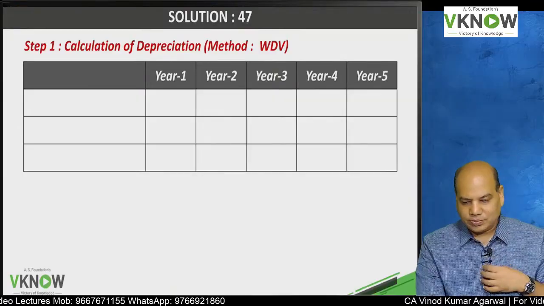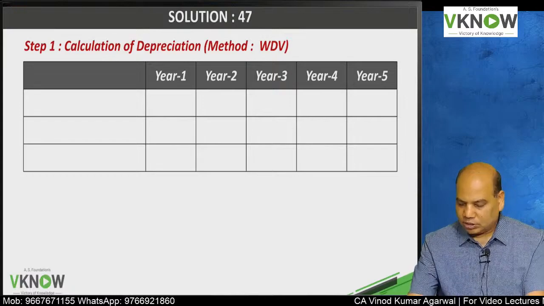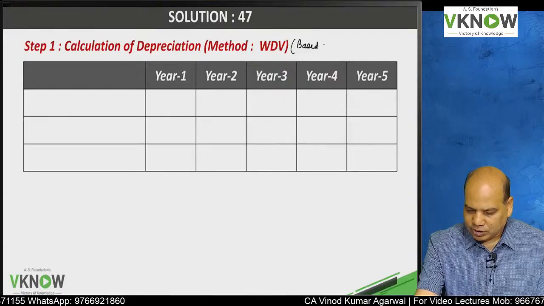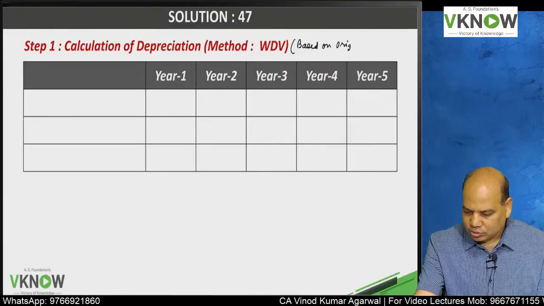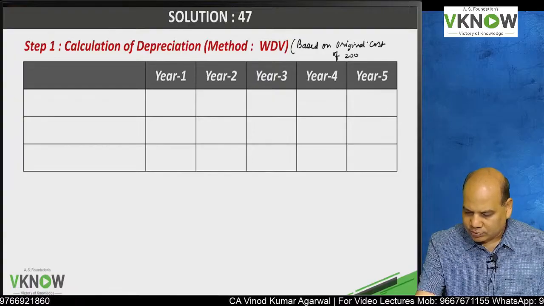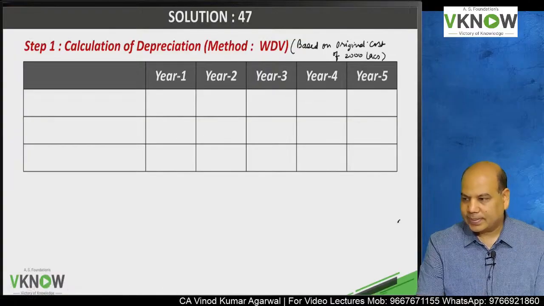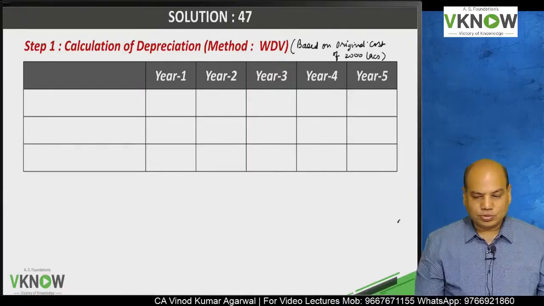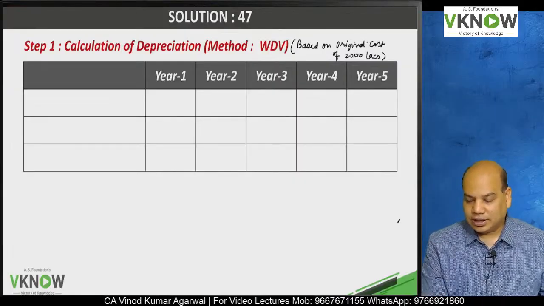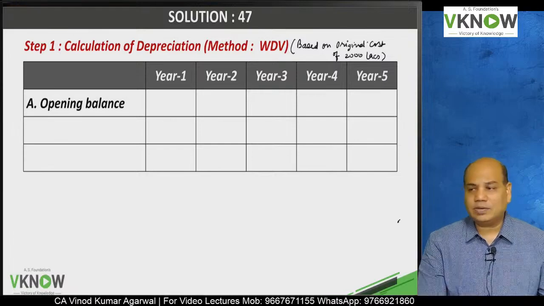Start. Step 1. Calculation of depreciation. Method WDV, based on the original cost of 2000 lakhs, because I have to prepare one more table for depreciation later when the cost of plant and machinery will increase.